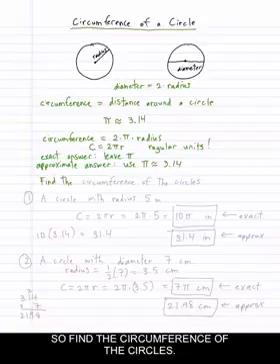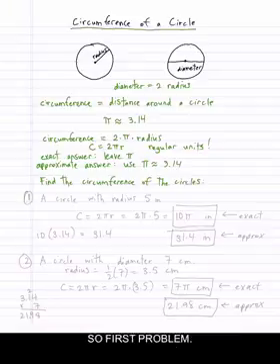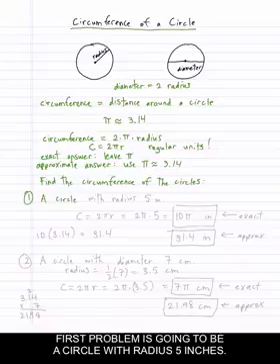That's going to come in handy in a bit when we do these problems. So find the circumference of the circles. So first problem. First problem is going to be a circle with radius 5 inches.